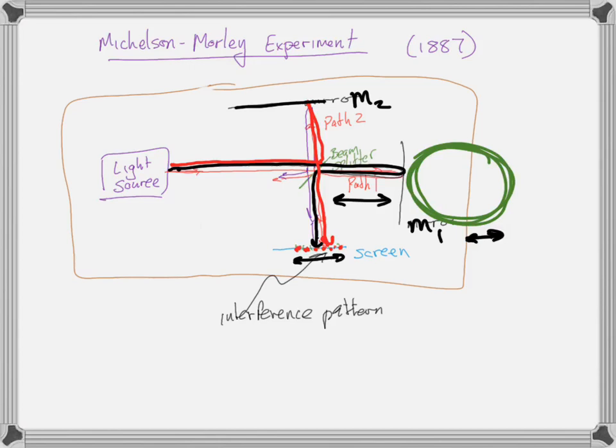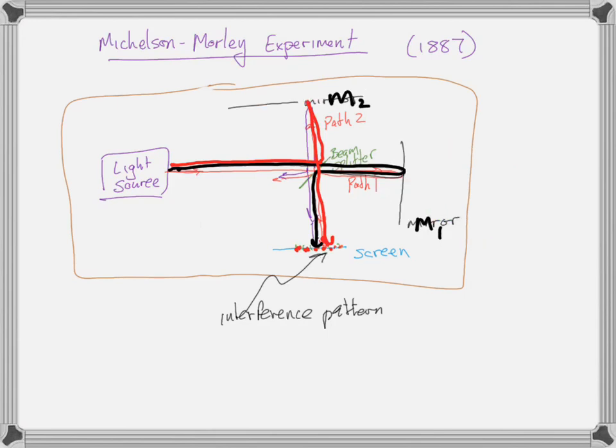But before I do that, let's talk about the other way we can change the path. Instead of moving mirror 1 or mirror 2, we can put something in the way of the light. So, again, say we have the original setup, and now I want to measure the properties of a gas. Maybe I want to measure how fast light moves through the gas, in other words, the index of refraction.